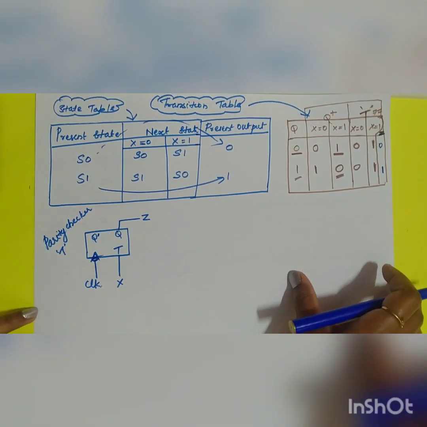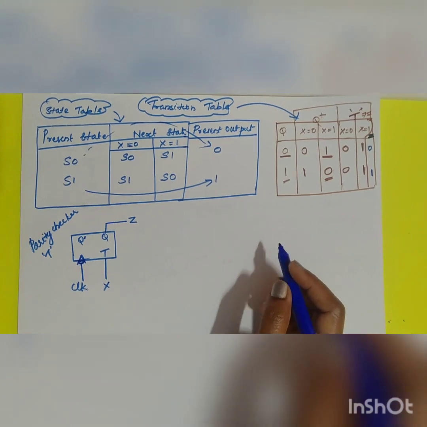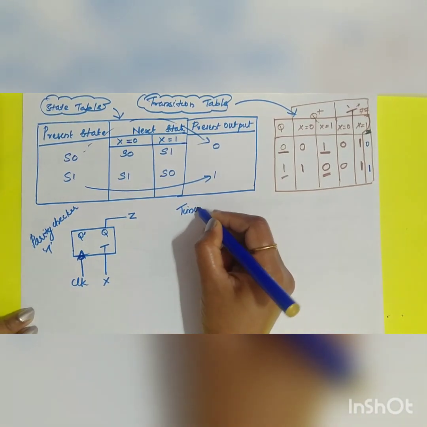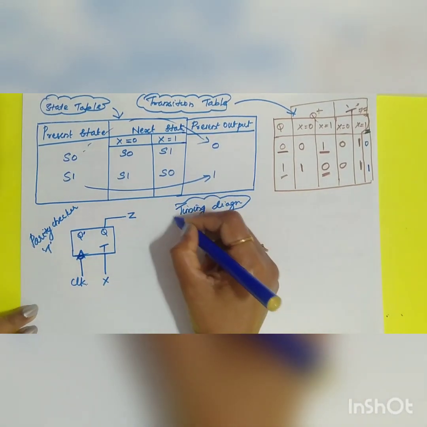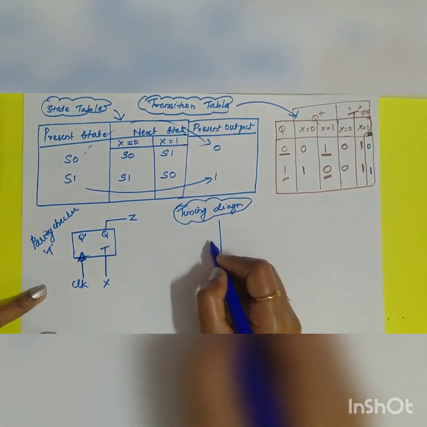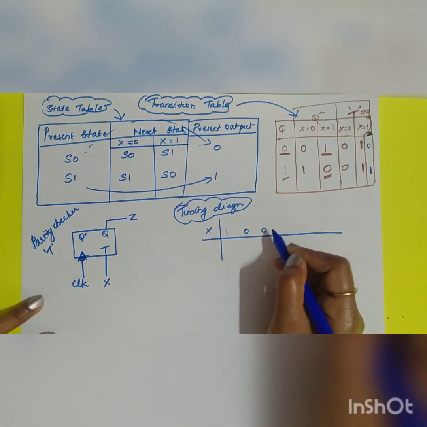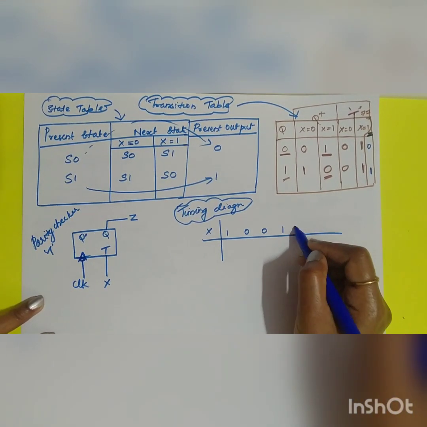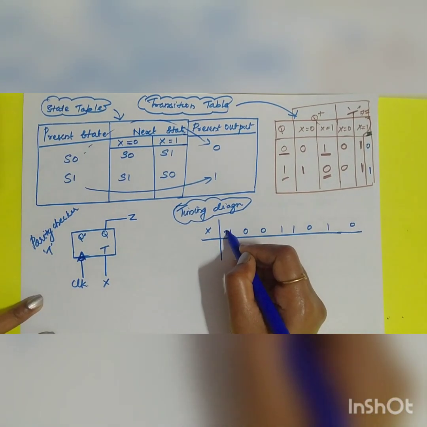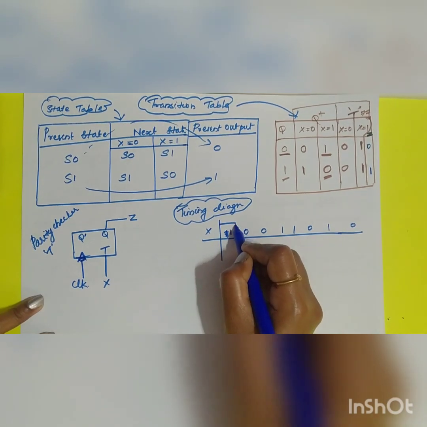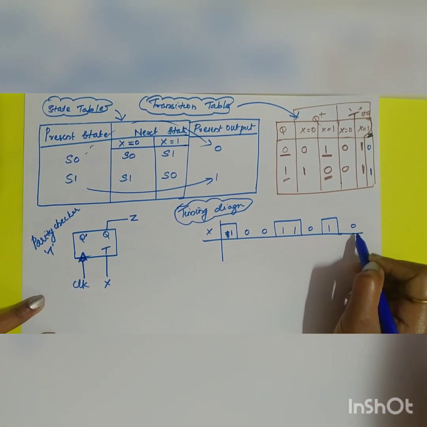Now your last question is your timing diagram, right? So how will you draw your timing diagram? Suppose I take the data x as 1 0 0 1 1 0 1 0. So if this is your data, here it is 1 0 0 1 1 0 1 0.